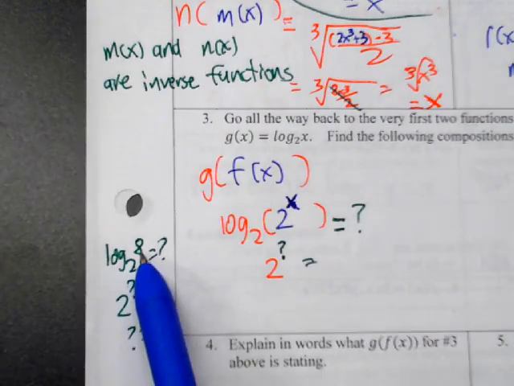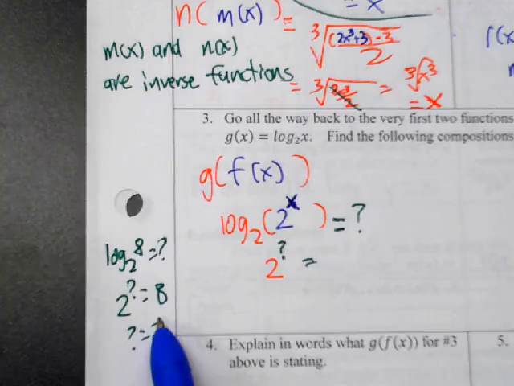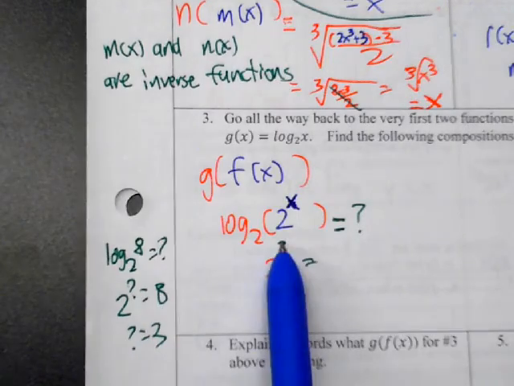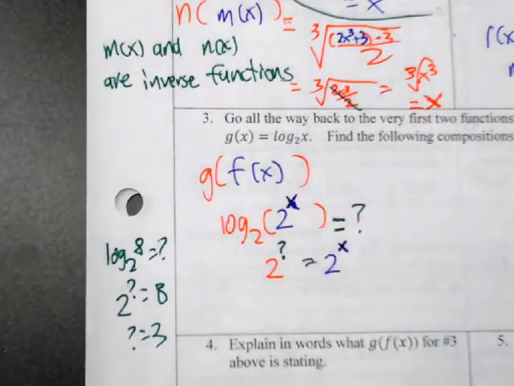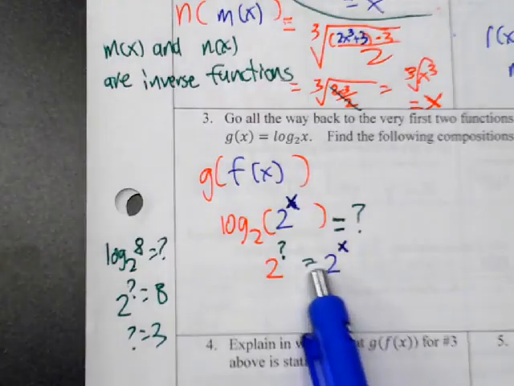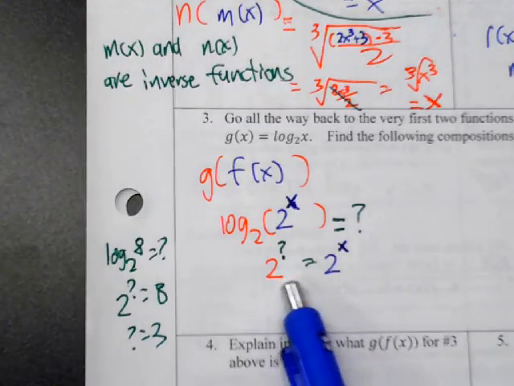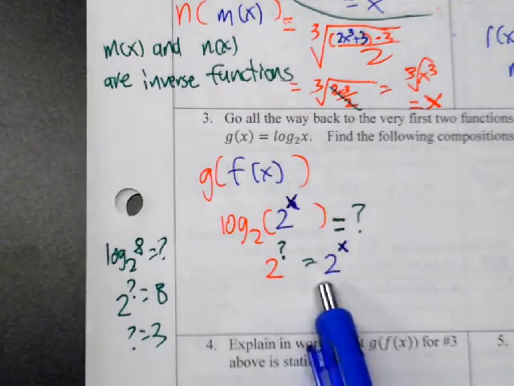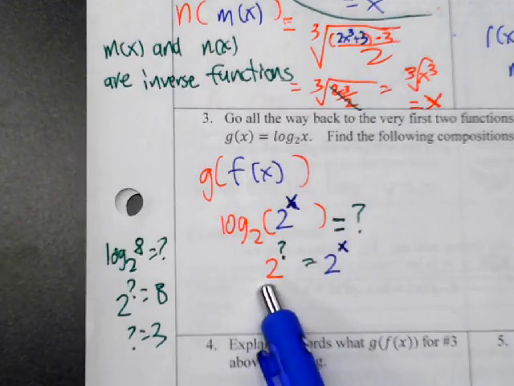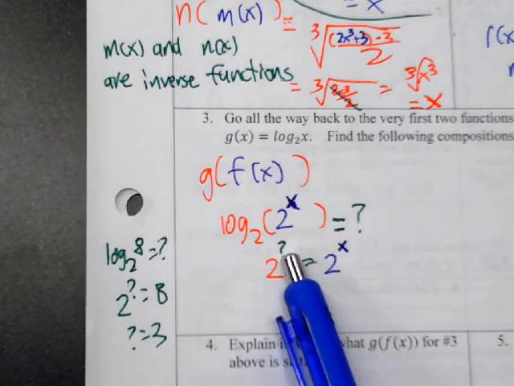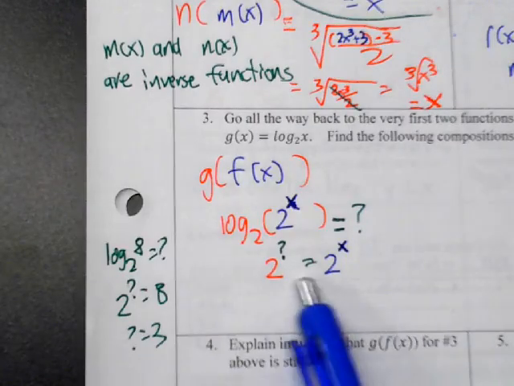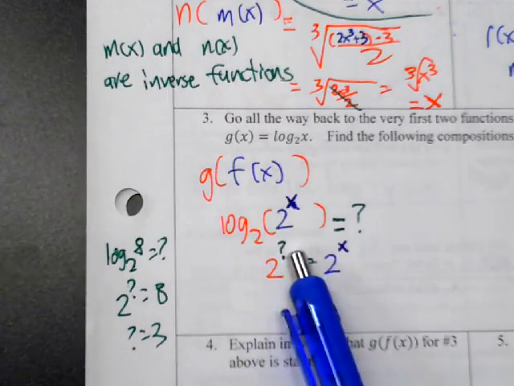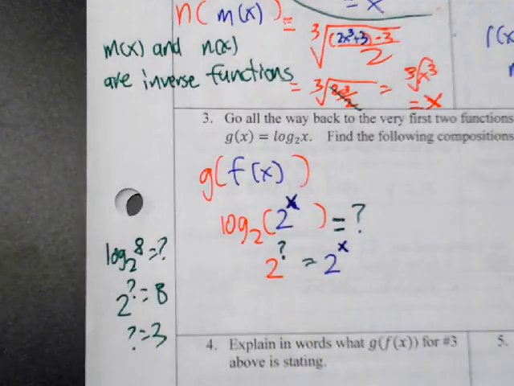It's 2 to what exponent equals 2 to the power of x. Well, the 2 matches, right? So the question mark has to be x. Okay, so we just figured out that log base 2 of 2 to the power of x equals simply x.